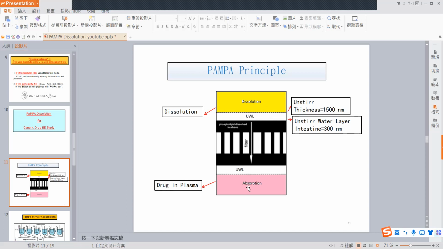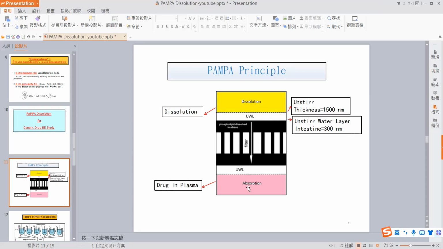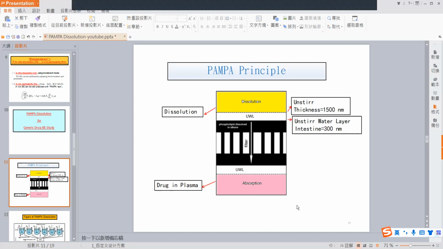So if we use such a configuration, we can easily use so-called PAMPA dissolution to predict your drug absorption in the GI tract. Actually, the whole graph is trying to mimic the real situation in the GI tract.